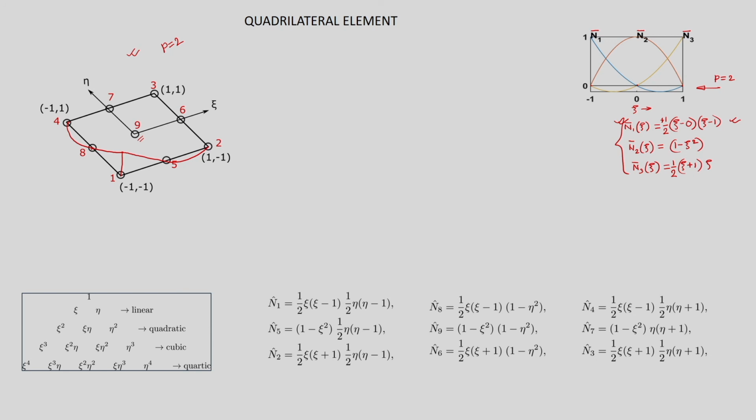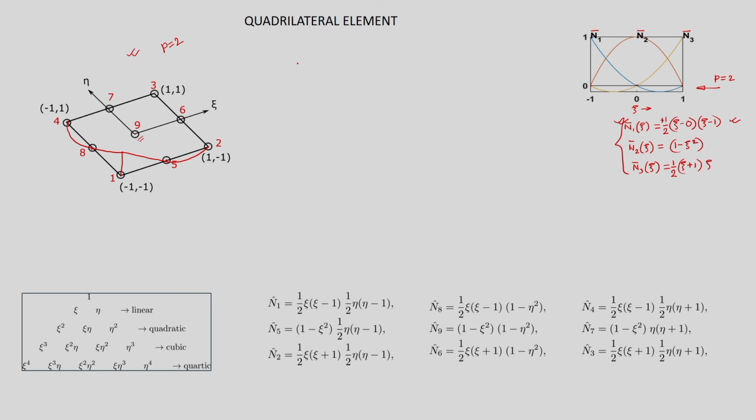Now, since n1 bar vanishes at xi equal to 0, it vanishes at node 9 and node 7 as well. Similarly, since it vanishes at xi equal to 1, it vanishes at node 2, node 6 and node 3 also, if we extend this in the eta direction.